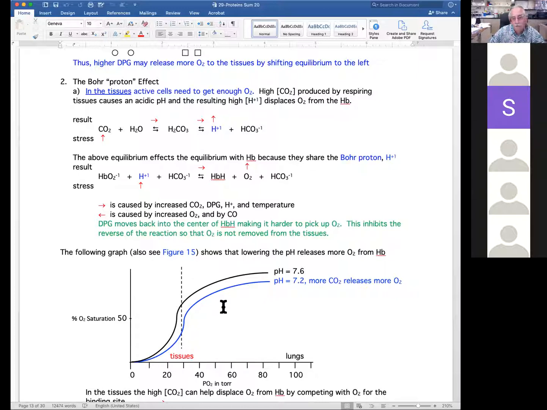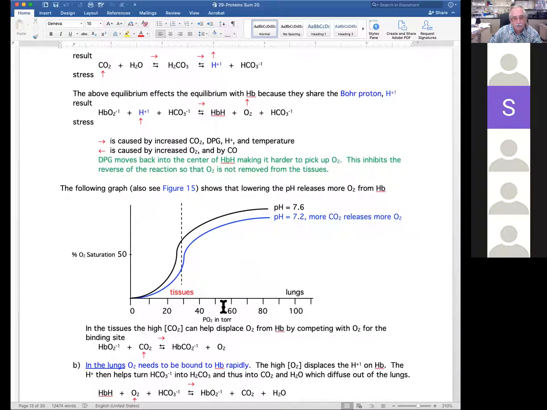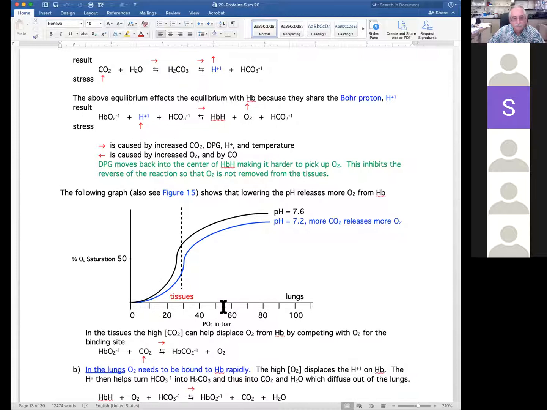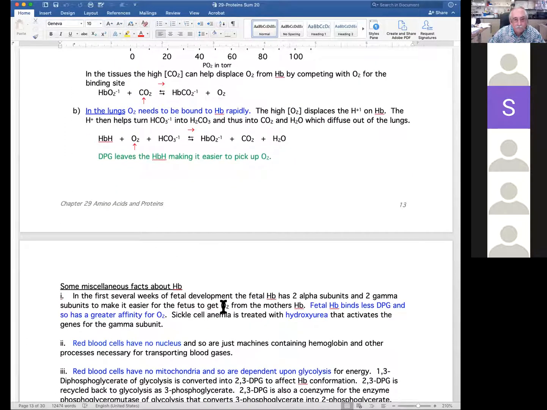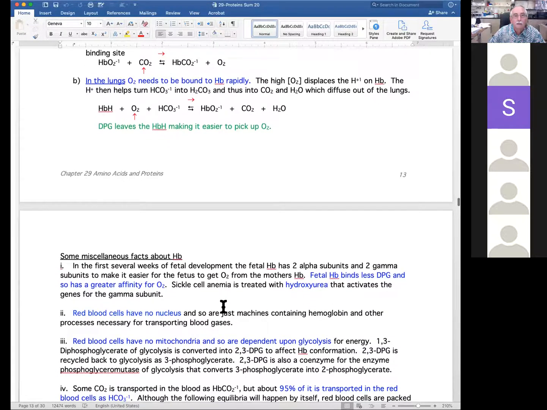But again, that's a way for hemoglobin to discover, I'm passing through this environment. Do they need oxygen from me or not? If the pH is a little bit lower, that means that they need it. Okay.